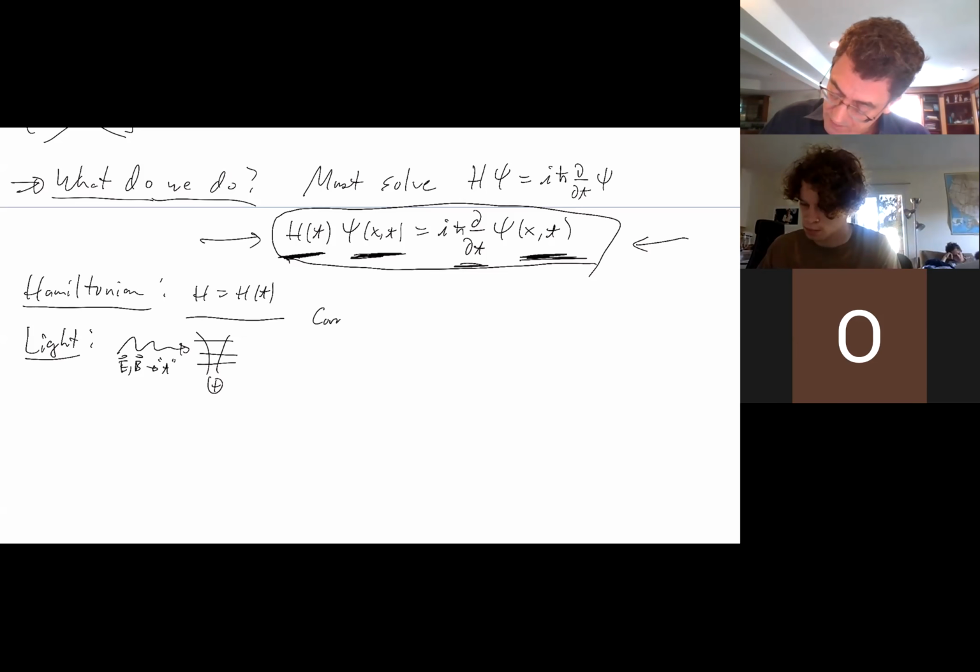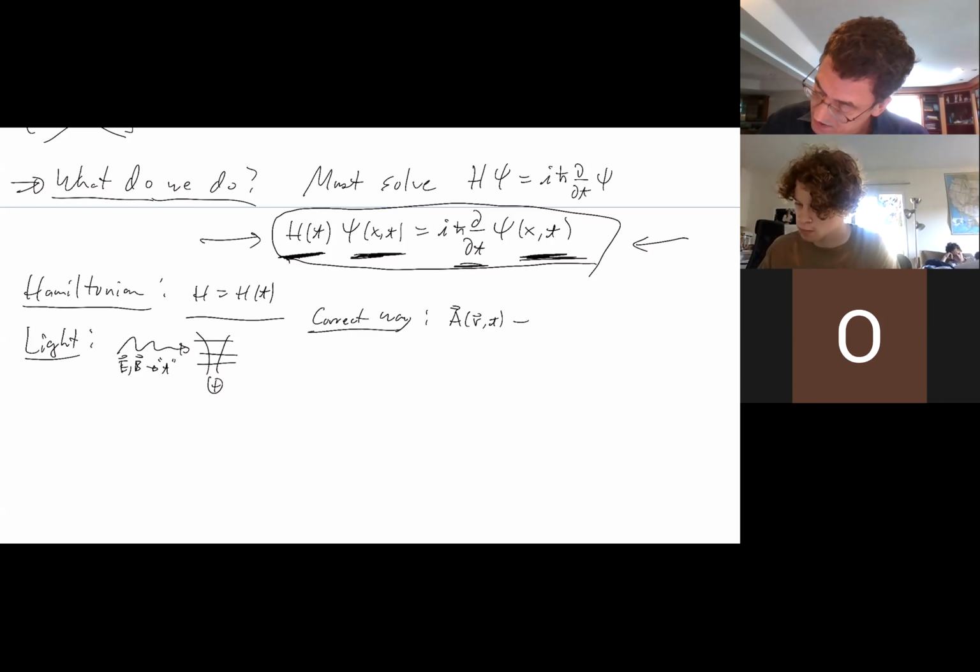The correct way is to use the vector potential A, which is related to the electric field and B field. You remember that the B field is equal to the curl of A, and the electric field is equal to the time rate of change of A minus the gradient of phi.